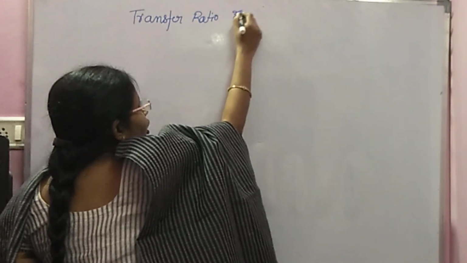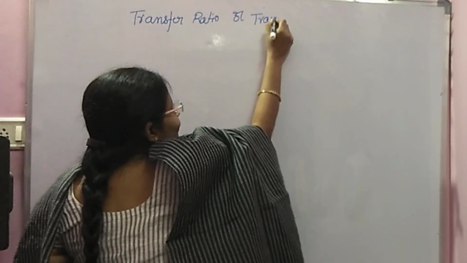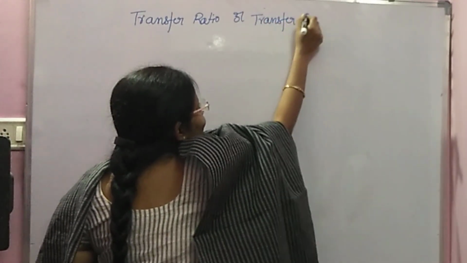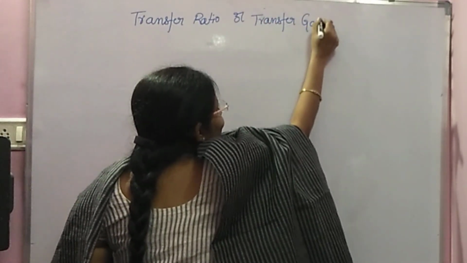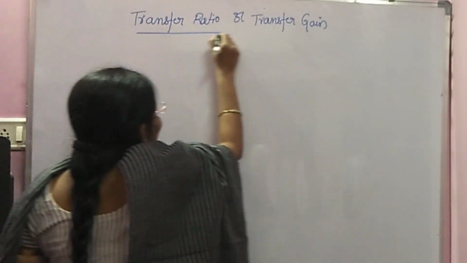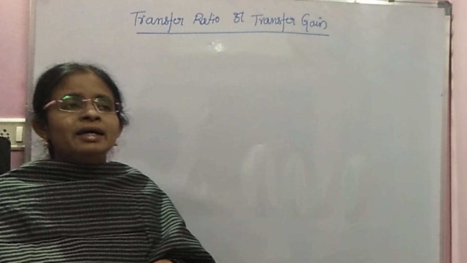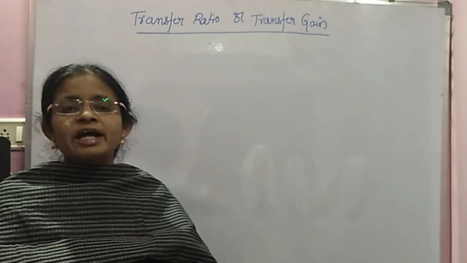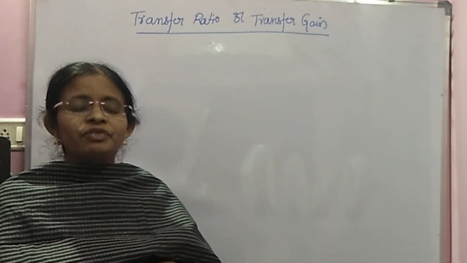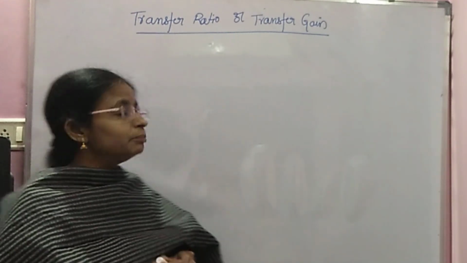Transfer ratio or transfer gain. Okay. To derive the transfer ratio or transfer gain of a feedback amplifier, we need to draw a small block diagram.